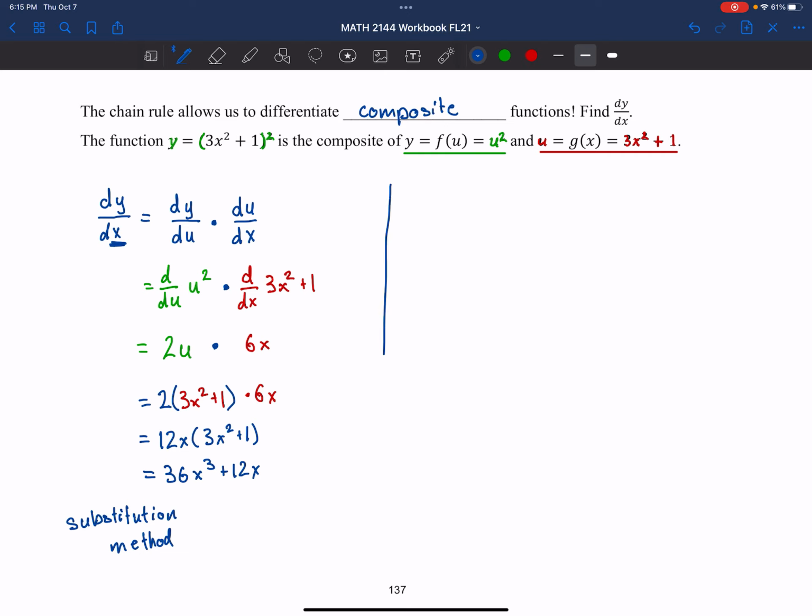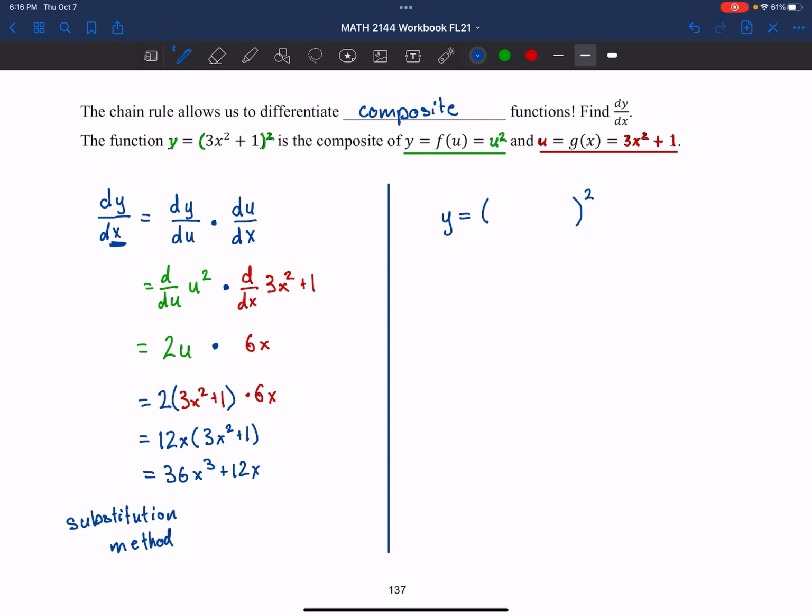And the second approach that I choose is sometimes referred to as the inside-outside method, or technically I should say outside-inside rule, because we deal with the outer function first. So what I'm going to go ahead and do is just write this function down the same way.